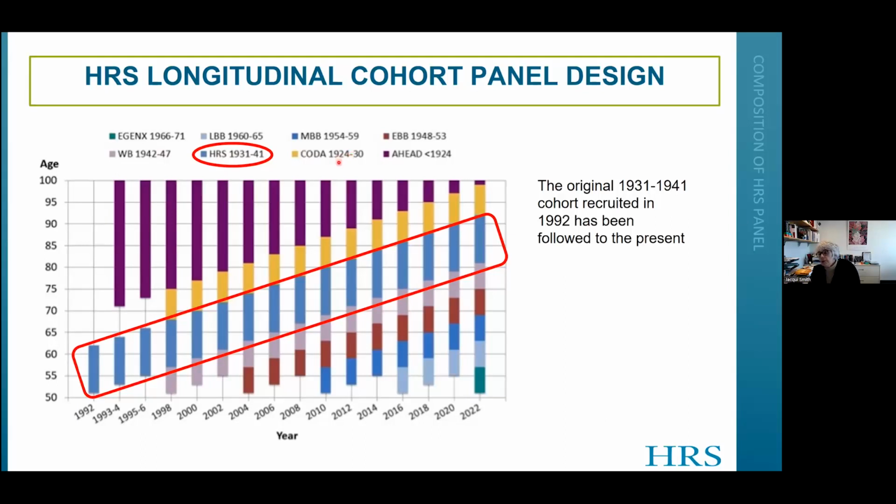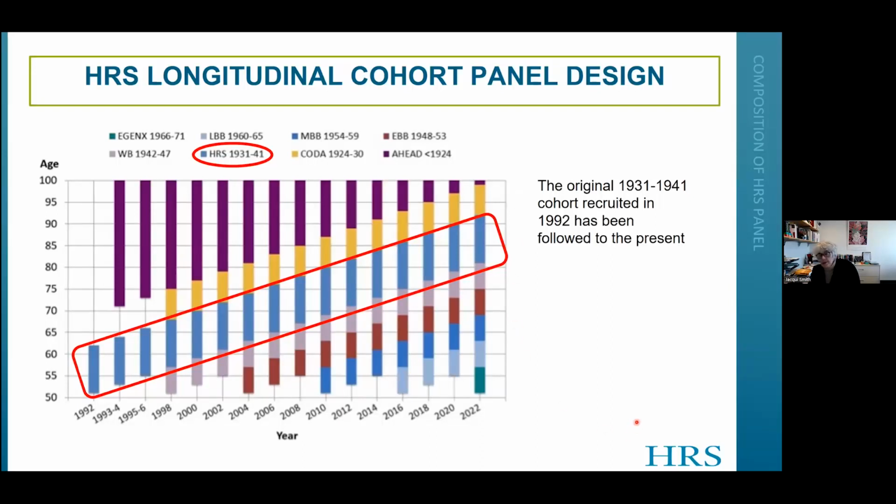So they were born in between, after this very first cohort and this cohort. So you had a complete panel, and that idea has been continued over time.